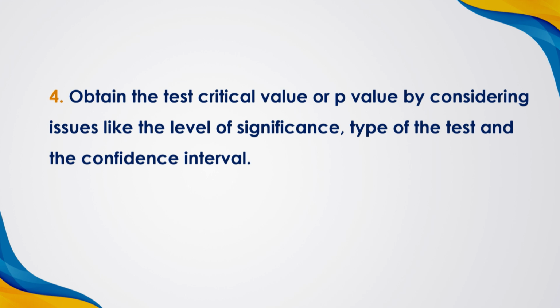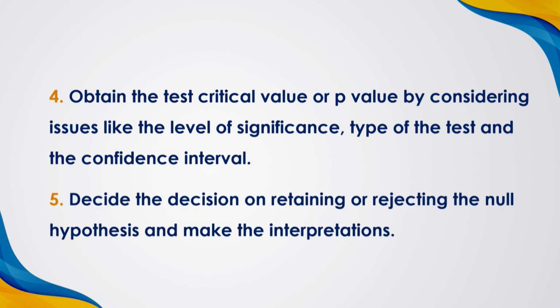Fourth step is to obtain the test critical value or p-value by considering issues like level of significance, type of the test, confidence interval and power of the test. Deciding on retaining or rejecting the null hypothesis and making the interpretation is the final step in any testing procedure.